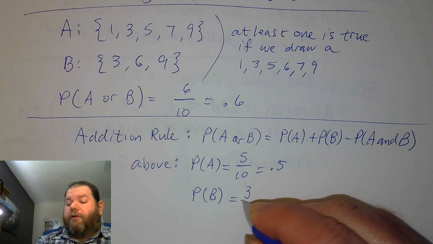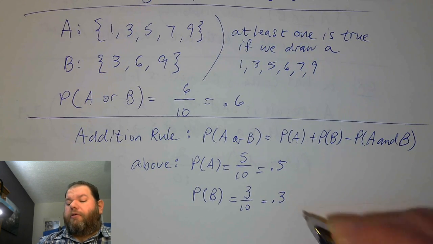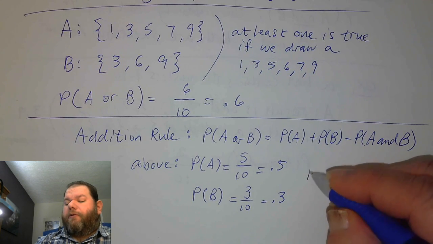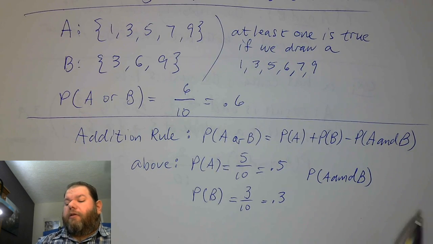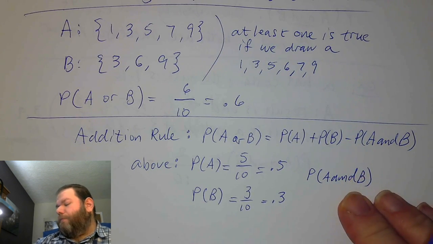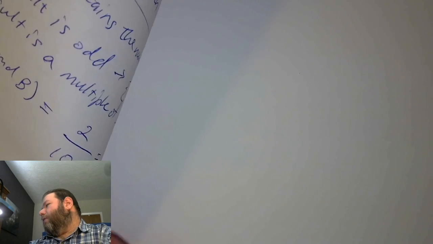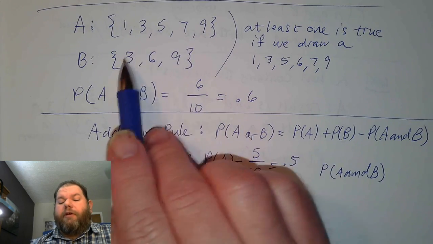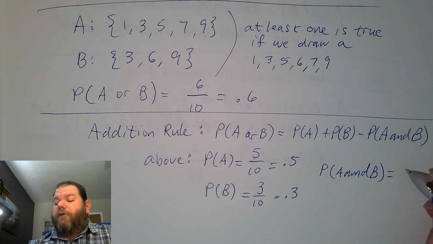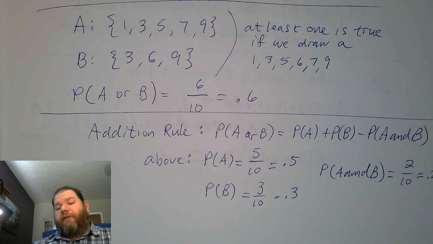So that would be 3 out of 10, or 0.3. And probability of A and B, this is actually what we worked on the other side of the page. And here we said that probability of A and B was 2 out of 10. And again, that was because A and B both have the 3 and the 9 in common. So they have two numbers in common, so it's a 2 out of 10 chance that both would be considered a success simultaneously.